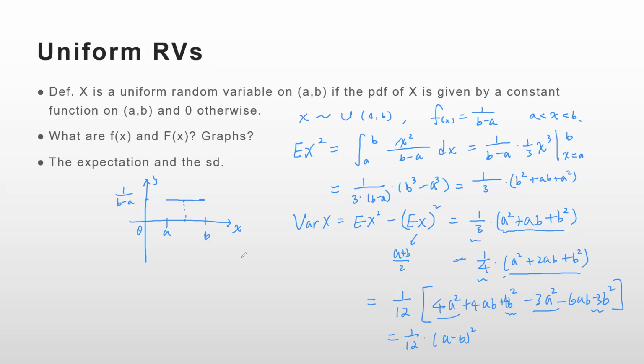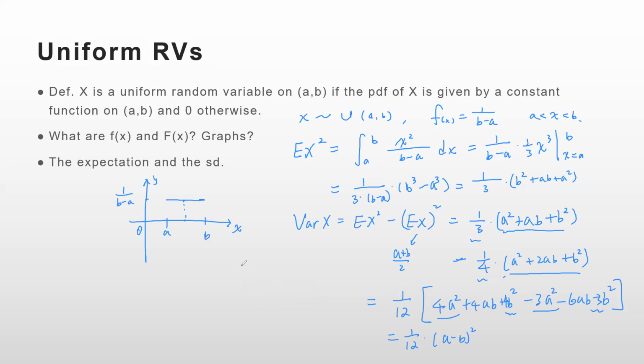If you don't understand the algebra, it's like x plus 1/4 y, I move out 1/12, so it's like 4x plus 3y. It's some simple algebra, but if you don't get it, try to understand it, okay? All right. So this is our variance, which is b minus a squared over 12.